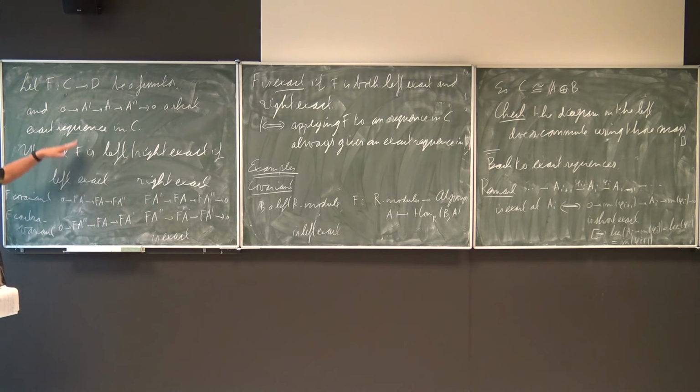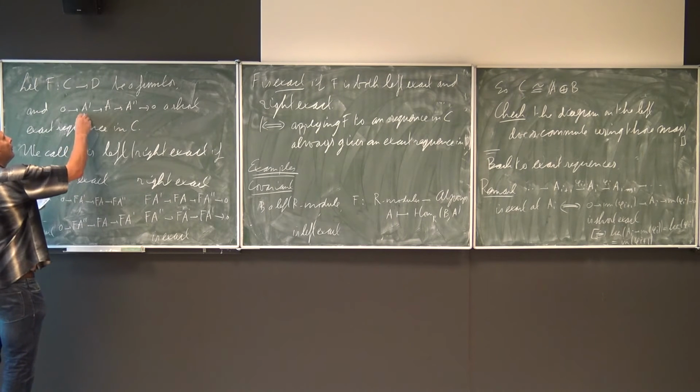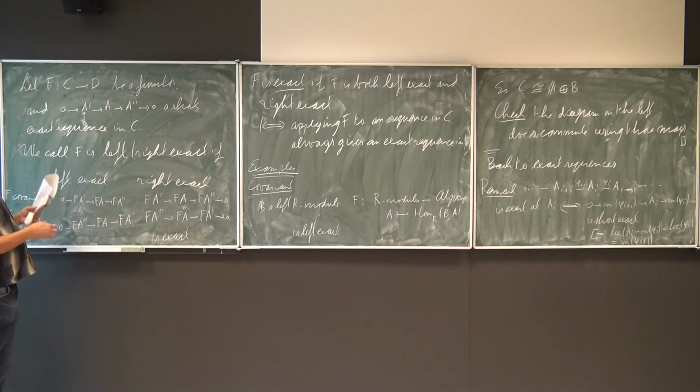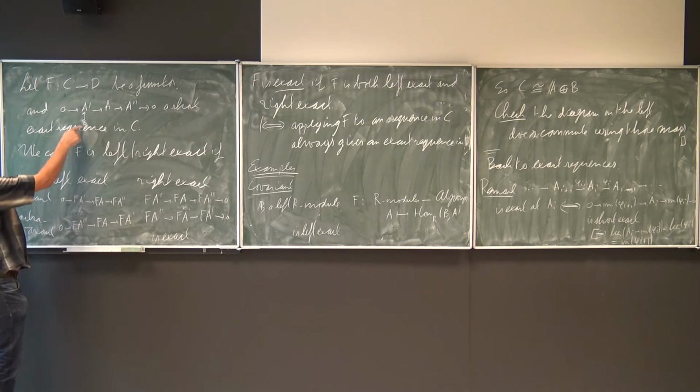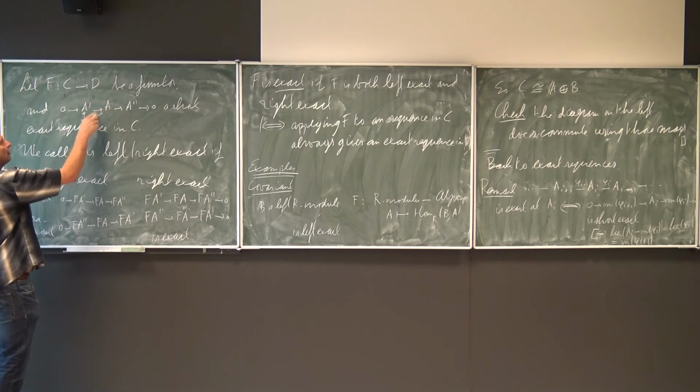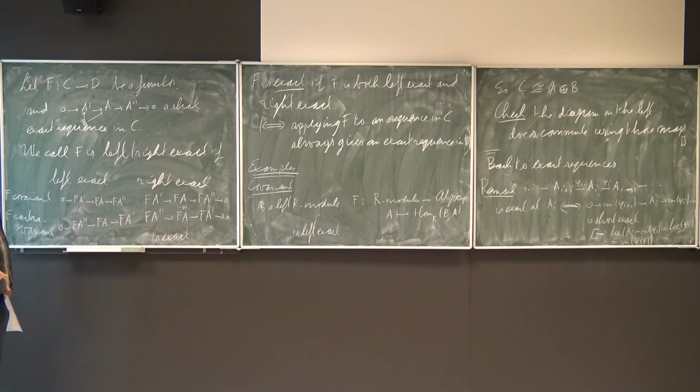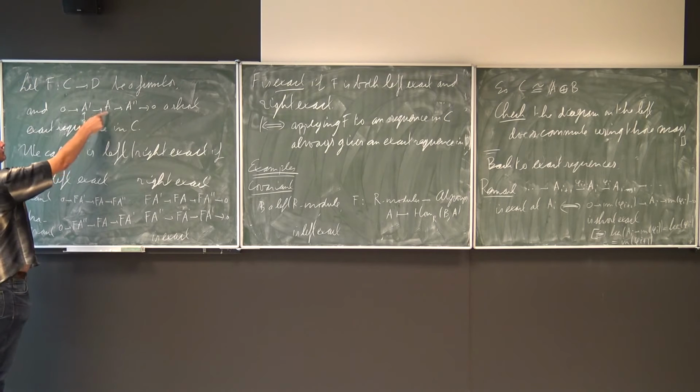So if I start with a bunch of A's, fortunately you have the same notation here, and well, let me check this one, this injection. If I have a map from B to A prime here, and if this map, then my map from F A prime, so Hom of B to A prime, this is an element, I go to this one by composing. I have this map from A prime to A, and by composing I get my map from B to A. Now suppose I get 0 here. Well, that means that this map here is a 0 map.